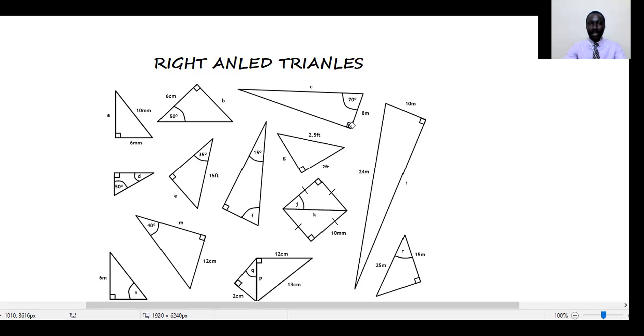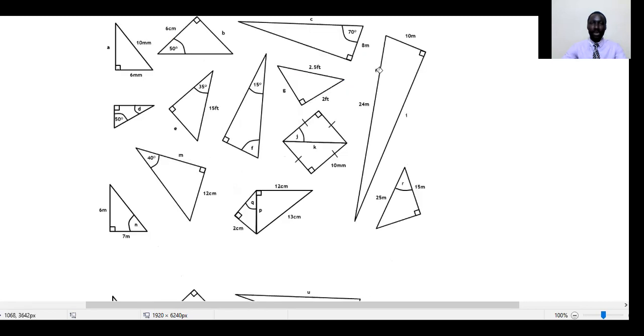After identifying that this one is a right-angled triangle, notice that sometimes two different triangles are brought together to form another shape, but we can still split them into triangles. For example, look at this lower one.